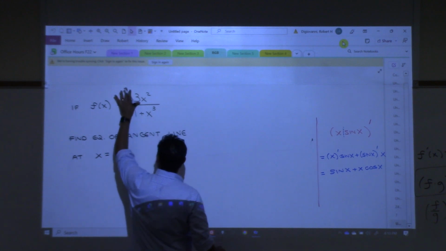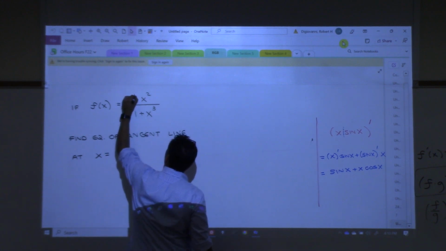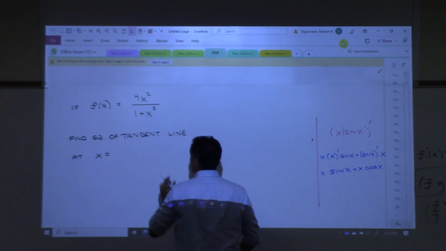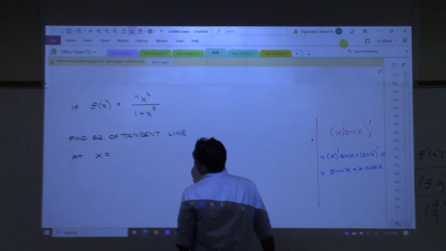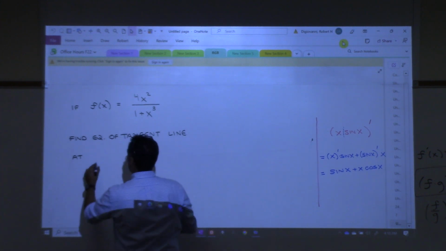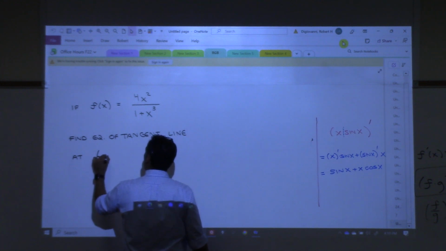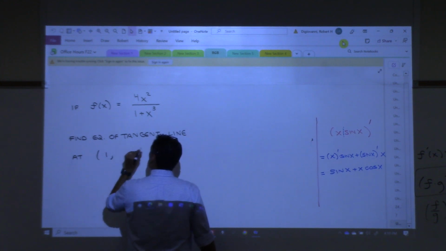Change that 3 to a 4. That'll make your life a little bit easier, believe it or not. At the point, I want this to be a point now. Let's go with 1, 2.